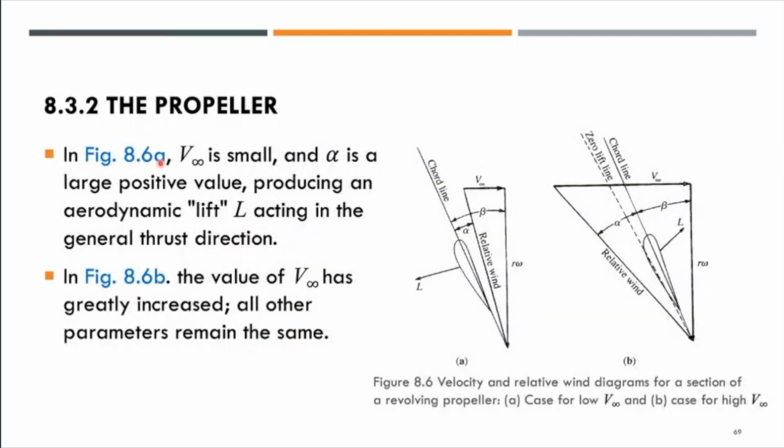If we look at figure 8.6a for the case of low velocity, alpha is a large positive value, producing an aerodynamic lift acting in the general thrust direction. Whereas in figure 8.6b, the value of free stream velocity has greatly increased. All other parameters are the same.